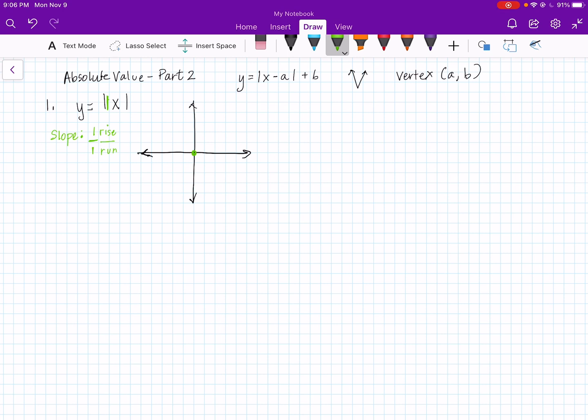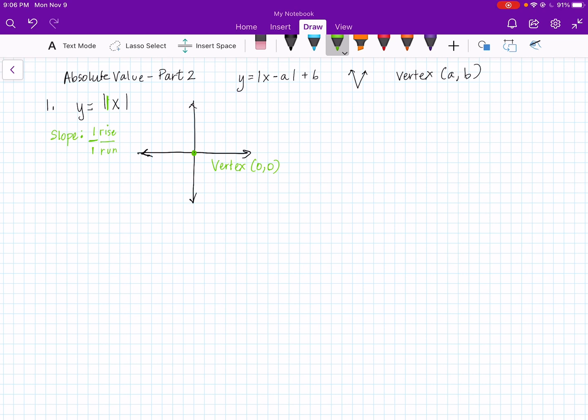We're going to talk about vertex here eventually. We could actually even graph these a little bit on our graphing calculator too, but I'm going to show you this, okay? So the vertex is (0, 0), and you're going to do the slope.